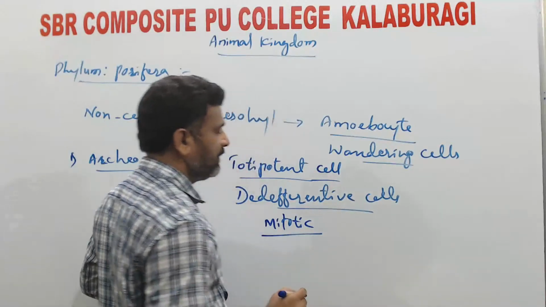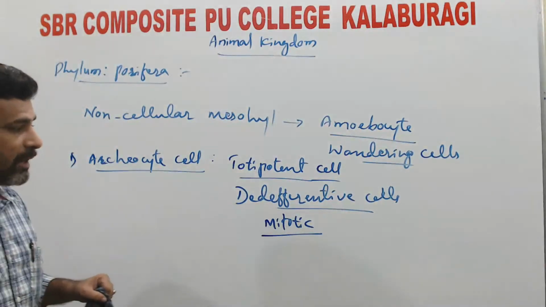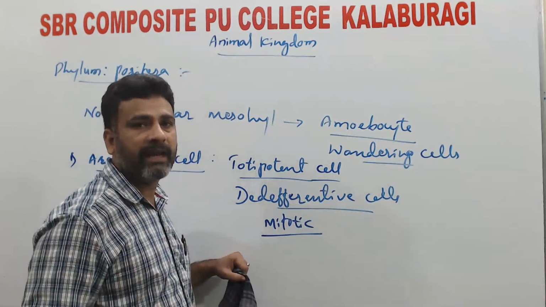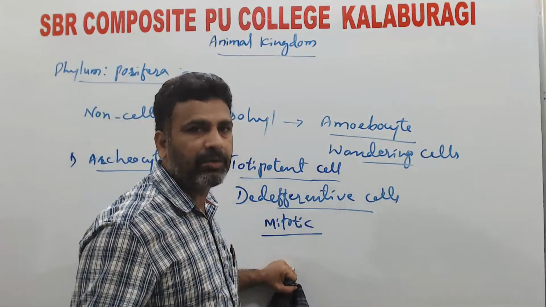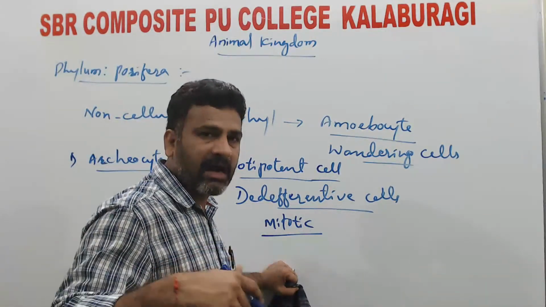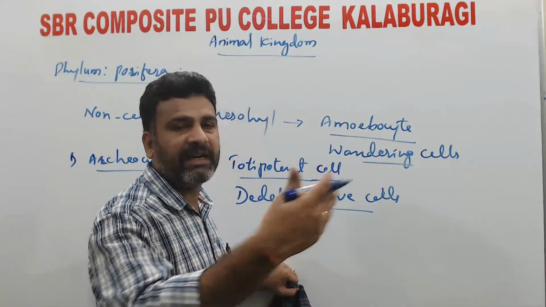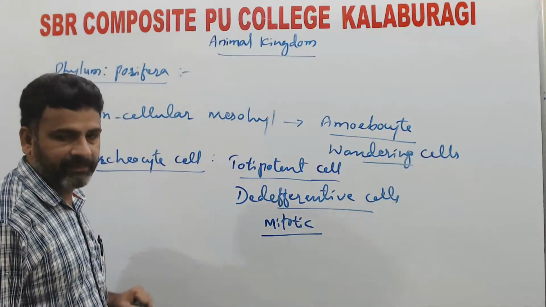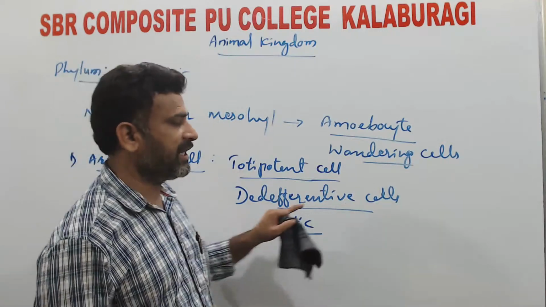These cells produce more and more cells, and when they reach a particular part of the colony, they are transformed into different types of cells. That is called totipotency, and these are the dedifferentiative cells.